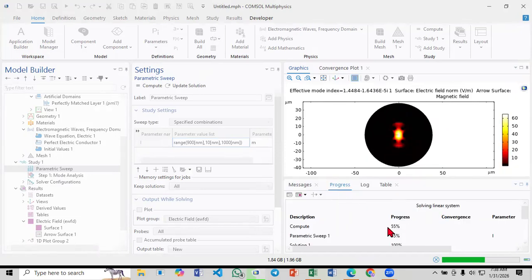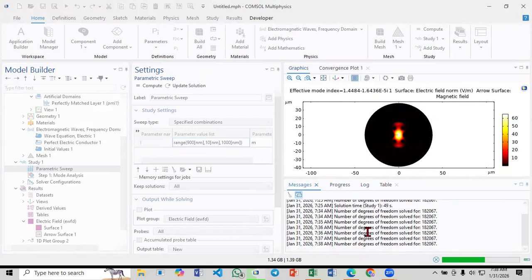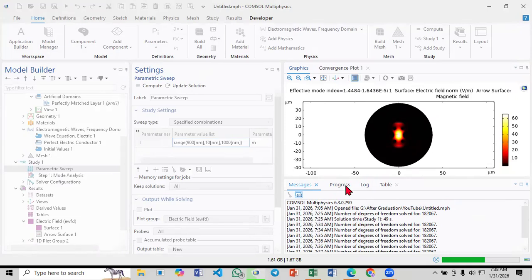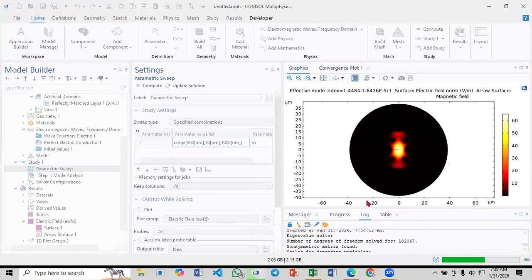Okay, so we can check the progress. Here you can see that 55% progress is done already. So okay, no worries. Here I can say that I'm simulating with you.